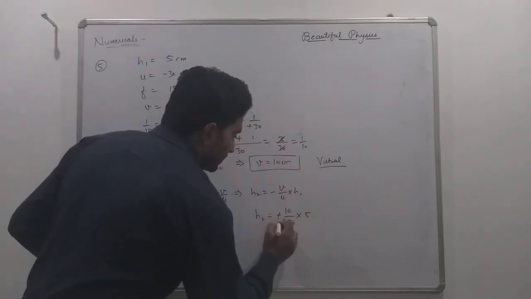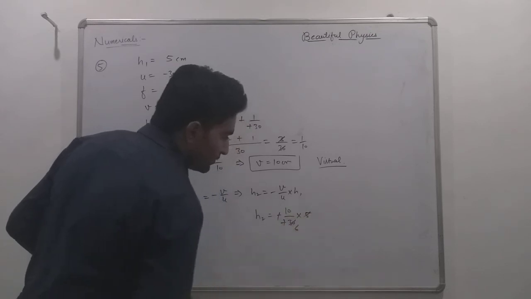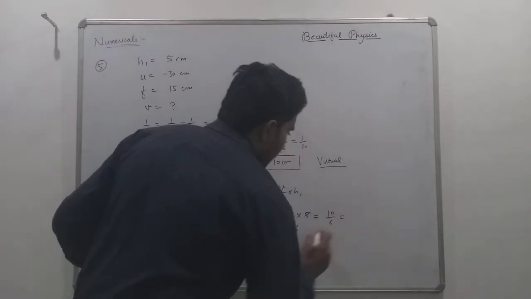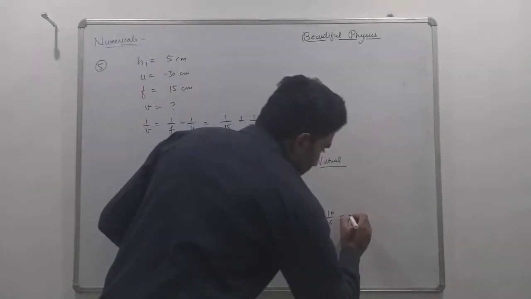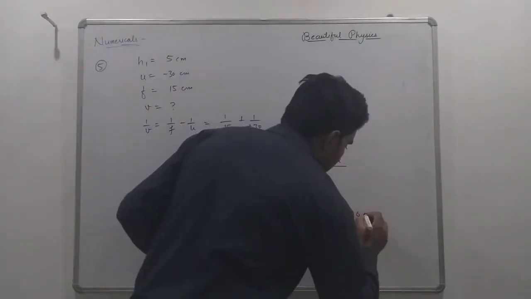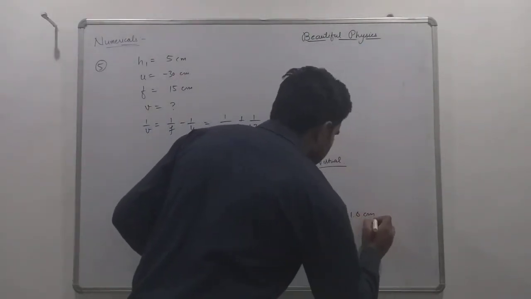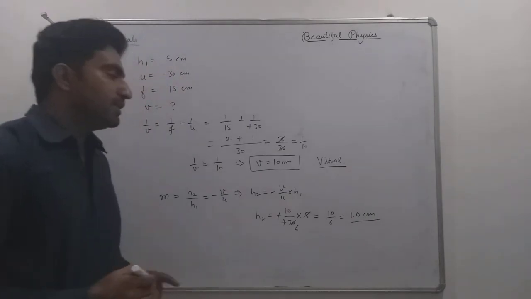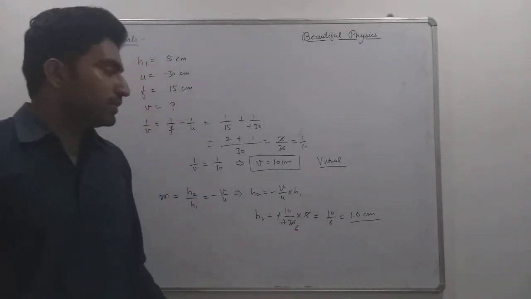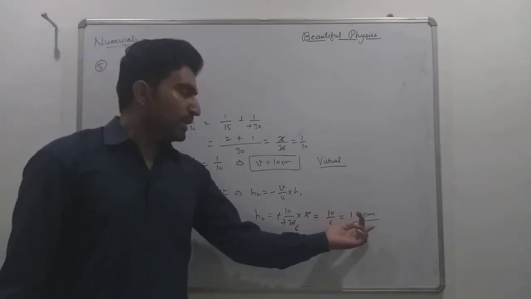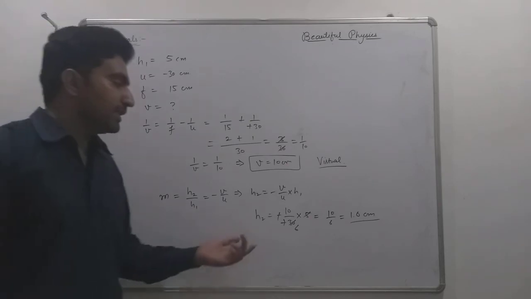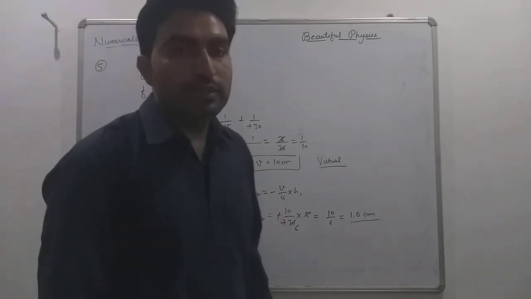Cancel this term, 5 sixes, and it will be equal to 10 by 6, which is 1.6 centimeter. Here we can see that the height of the image is 1.6 centimeter and the height of the object is 5 centimeter, which means the image formed is smaller than the object.